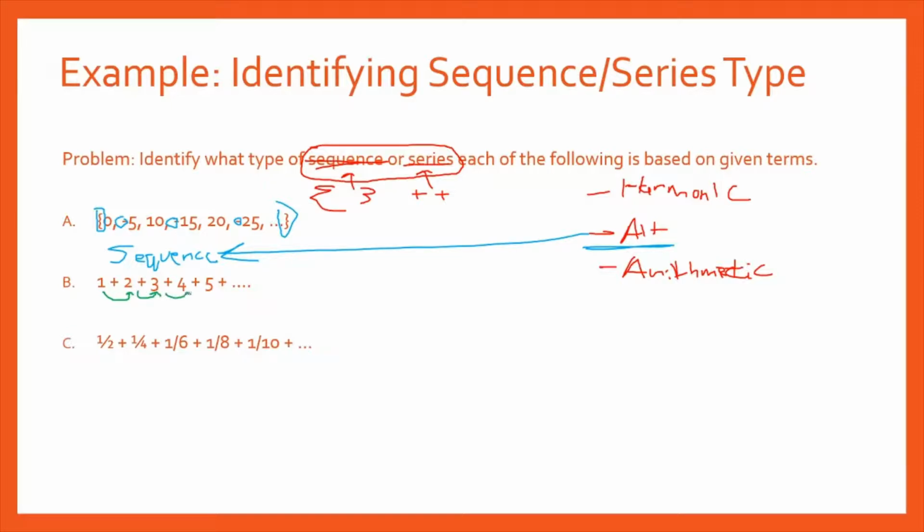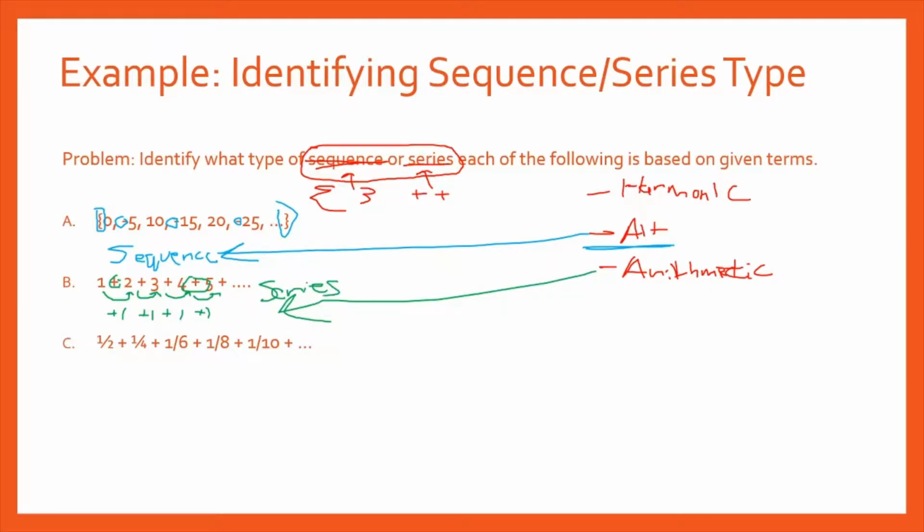So we'll just draw these arrows real quick and then look and see if there's a difference. 2 minus 1 is 1, and then 3 minus 2 is 1, 4 minus 3 is 1, and then 5 minus 4 is just 1. So that means that we do have a common difference, which means that this is arithmetic. Additionally, what I didn't note already is that these have pluses in between them, which means that this is a series.